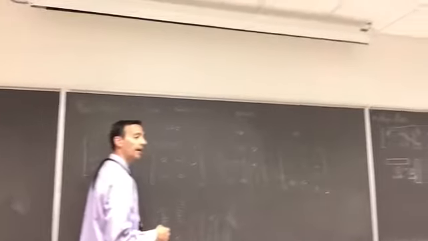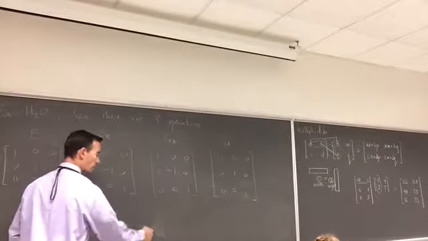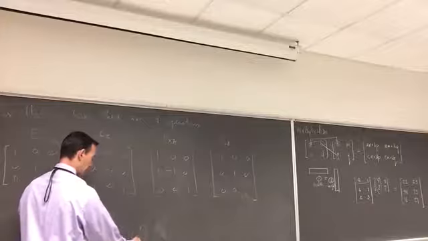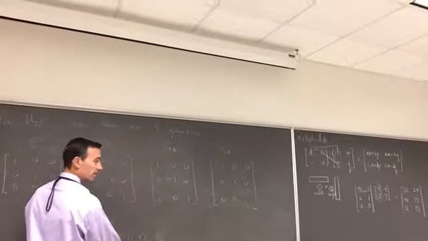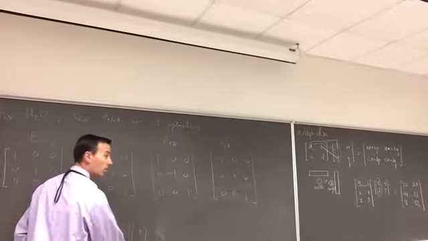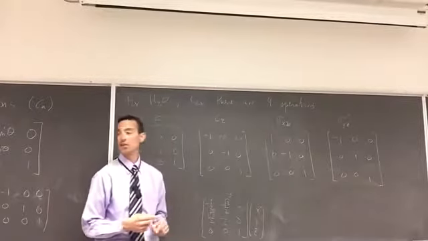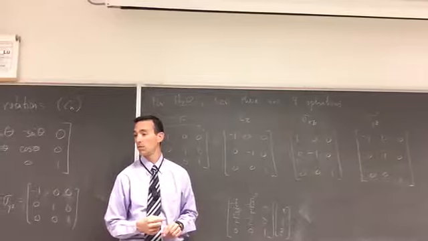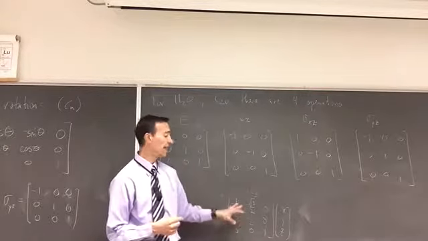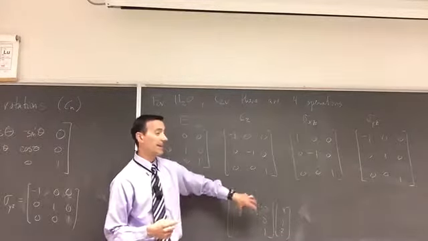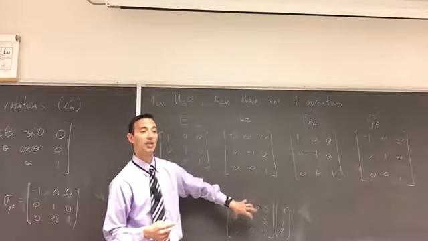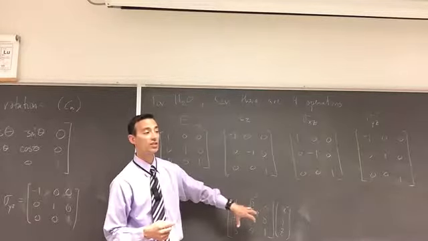Same is true for y. When we go to figure out the y coordinate, something times x plus something times y, 0 times z. So the new value of y depends in part on the original x coordinate of the atom. So here, x and y are interrelated. You can't change one without changing the other.